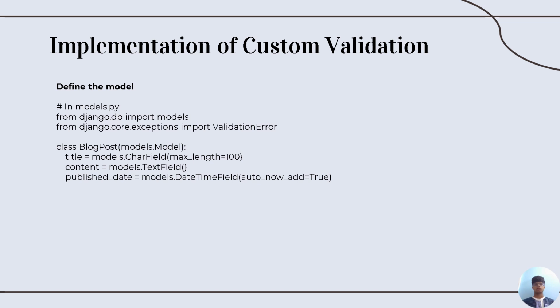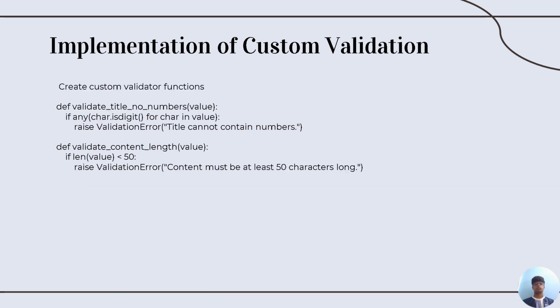The model's CharField, we set the maximum length as 100. Then we create a custom validator function. We define validate_title_no_numbers(value), and an if statement is used to check for digits. Then raise a validation error: title cannot contain numbers.